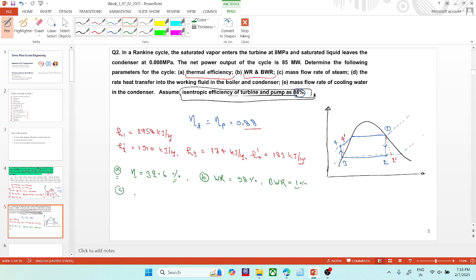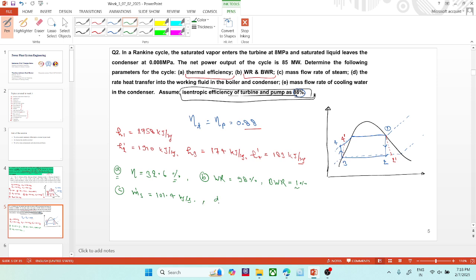Then the mass flow rate of the steam will come as 101.4 kg per second. However, earlier it was something less.